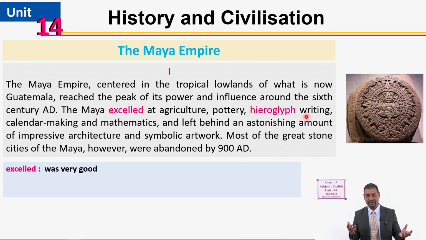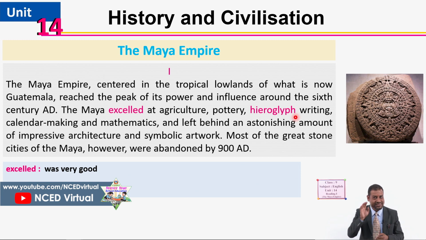So, very good, okay? Dear students, I suggest you write the word meanings in your notebook. Have you written it? Good. The next word we have is hieroglyph. What does it mean? It's a completely new word to you. Have you guessed it? Now you can tell me. I just want to hear you.